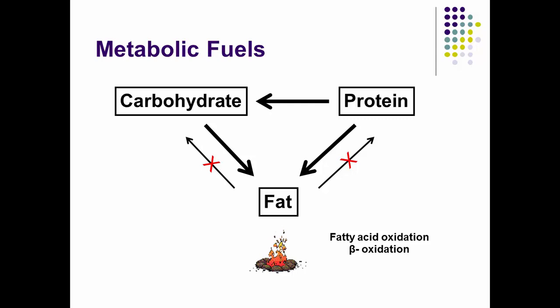So fatty acid oxidation is a very important function or pathway in our body. We try to get rid of the fat. So if anything is wrong with fatty acid oxidation, the most common reason or defect is mitochondrial dysfunction.